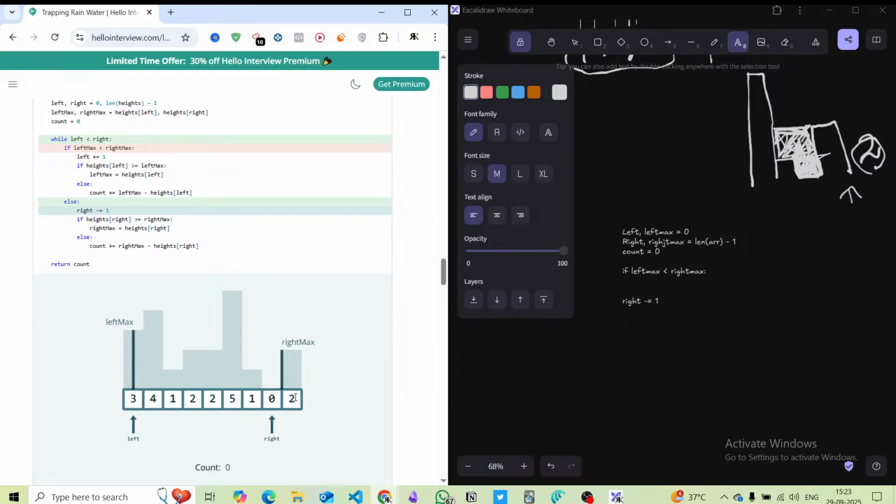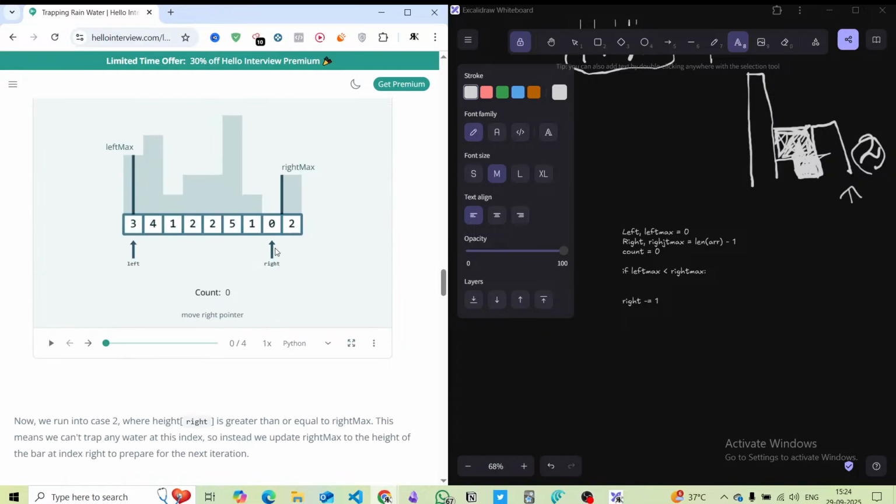If it is, then we just move the right max to the right pointer. Or else we just count these two. 2 minus 0 is 2 only. So the count will be 2.